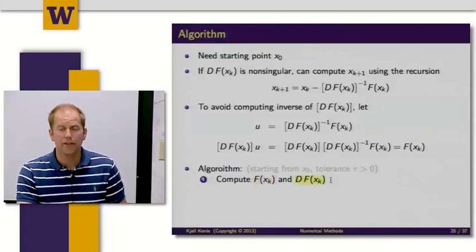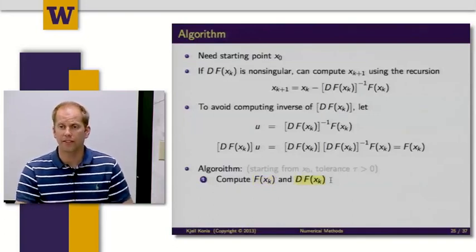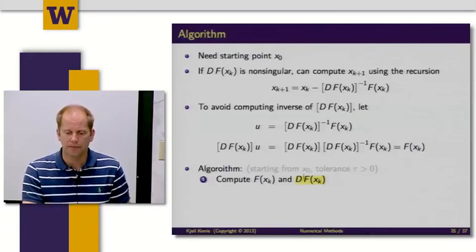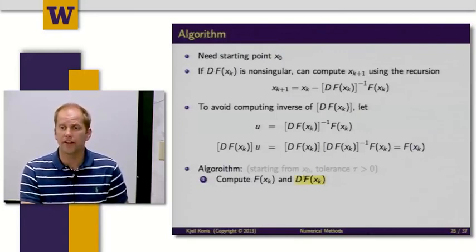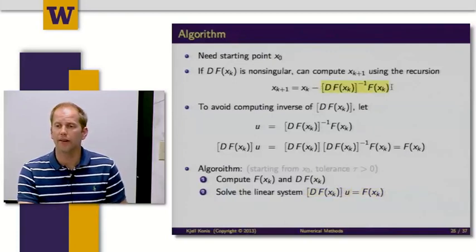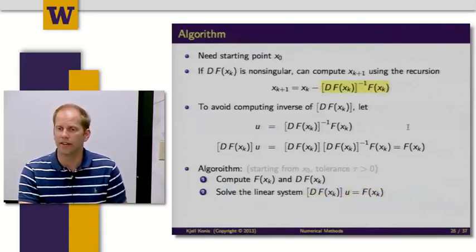And I have to compute the gradient. So I have a formula for the gradient, and I plug in xk. And so that's going to give me a matrix. So it's just a matrix of numbers now. So then I can solve this linear system and find the value u. And that value u is the size of the update that I want to use in my Newton iterations.